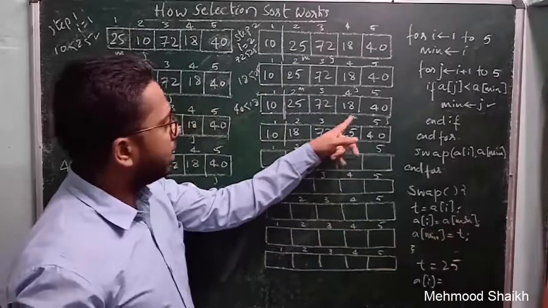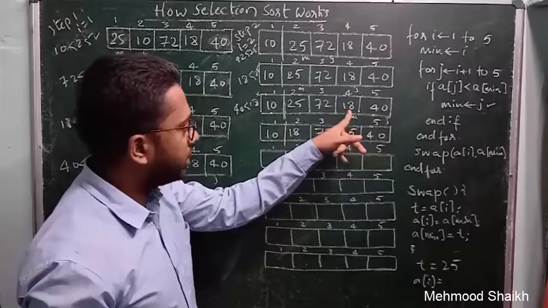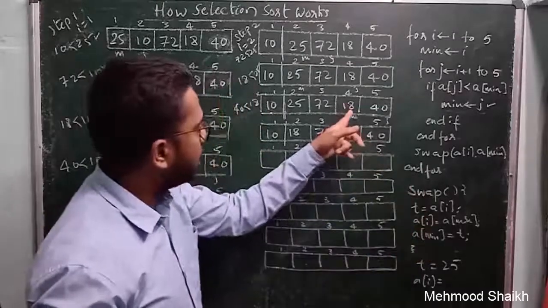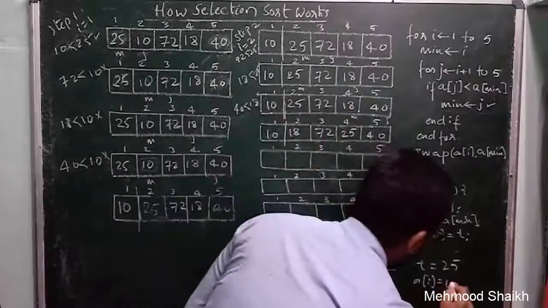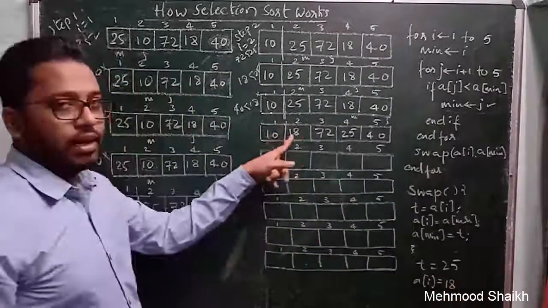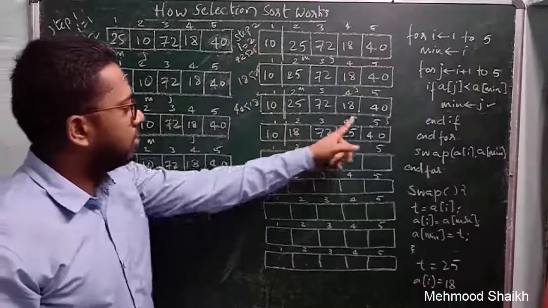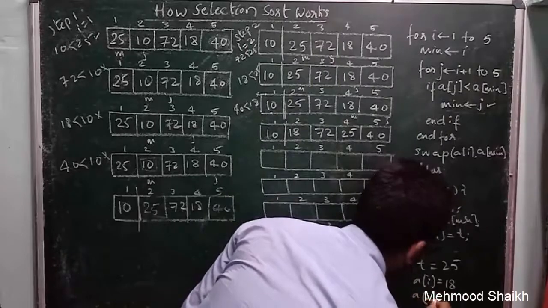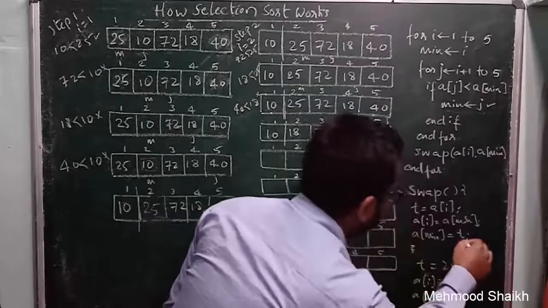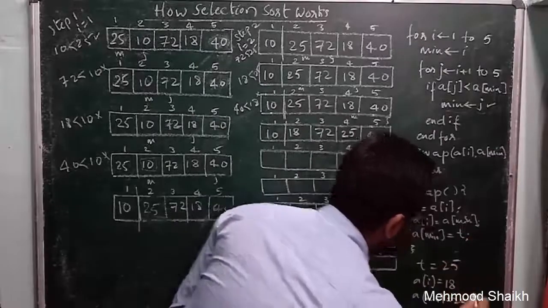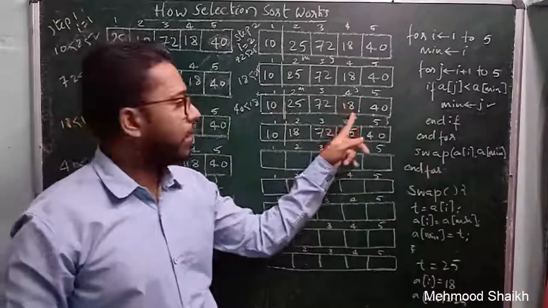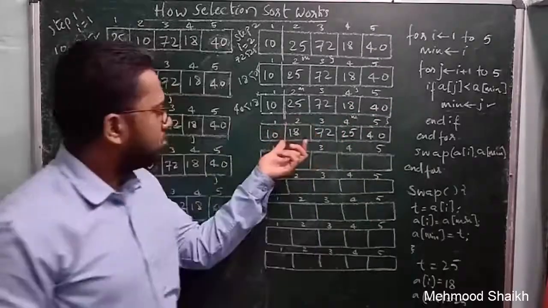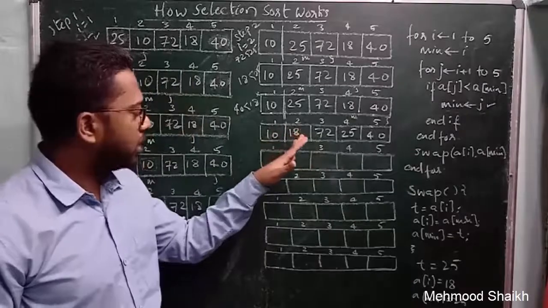Min, we calculated that this element is the minimal or smallest element, so we will pass this smallest element, A of min, to A of I. Since I is 2, we will pass this minimum element in the second position, and then at the end we will pass this one, which is 25, in the position of minimum, where we found the minimum element. Now you can see clearly we have found the second smallest element.